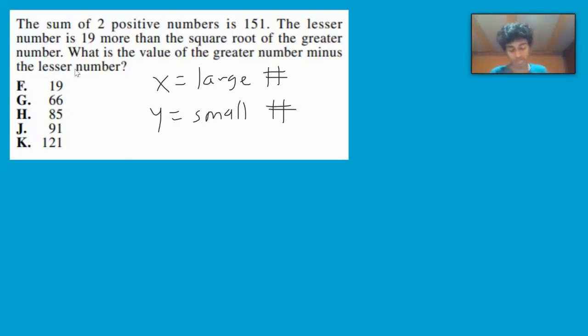We know that the sum is 151, so x plus y is 151. The lesser number, which is y, is equal to 19 more than the square root of the greater number. So y is equal to the square root of x plus 19.